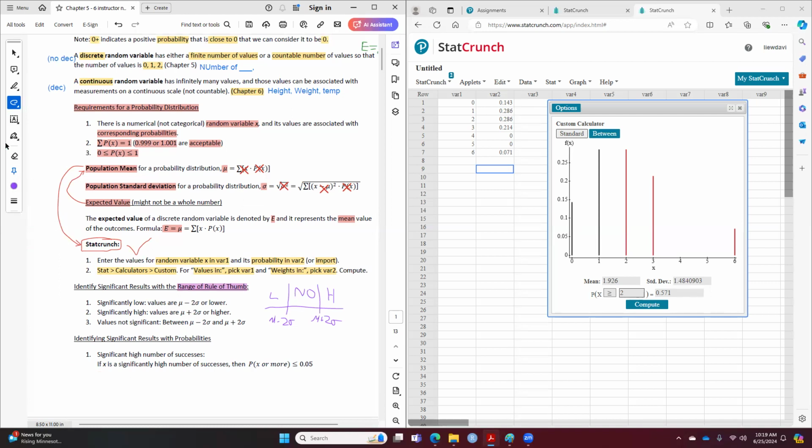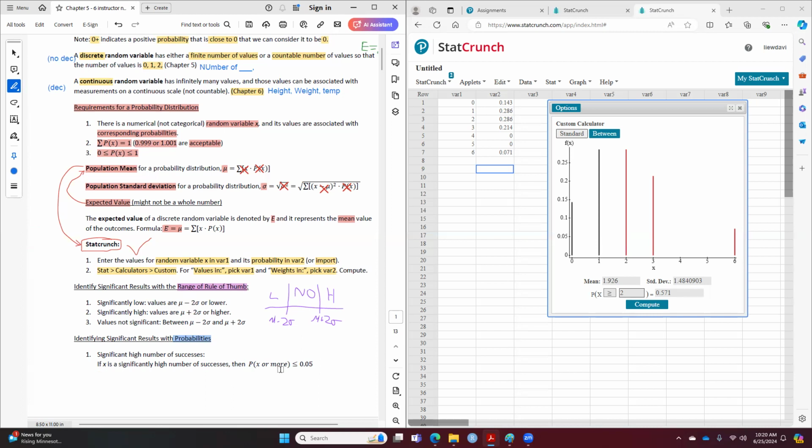There is also another way to figure out outliers, which is using probabilities. So there are 2 ways for us to figure out outliers here. One is using our range rule of thumb, which you are familiar with. The other way is using probabilities.